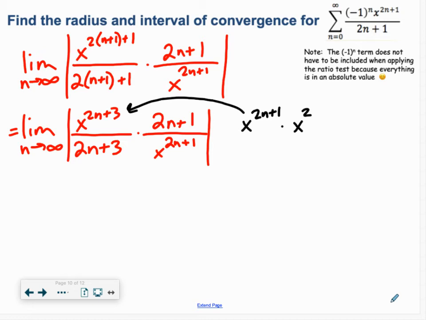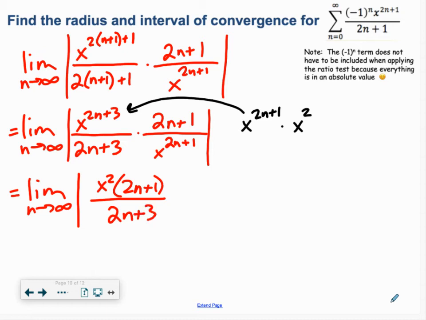So in the next step in our limit, the x^(2n+1) terms cancel, and we're left with x squared times (2n+1) over (2n+3).